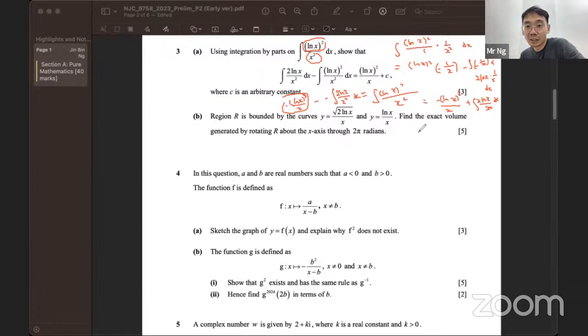Okay, you may want to write a plus C here or not. You can leave it to later, or you just write plus C, which is also fine. This one bring over, this one bring over.